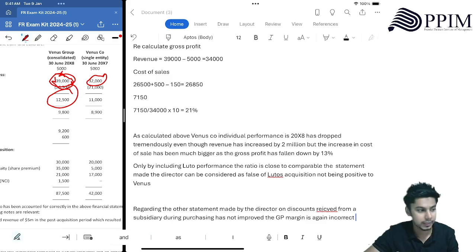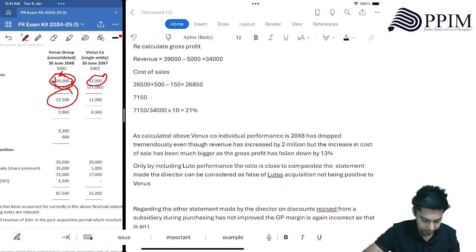Is again incorrect, as that is an intra-group transaction.